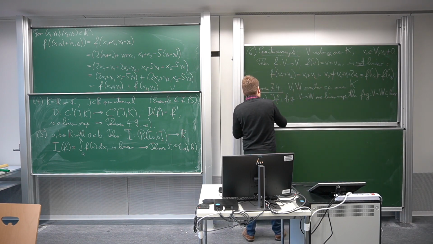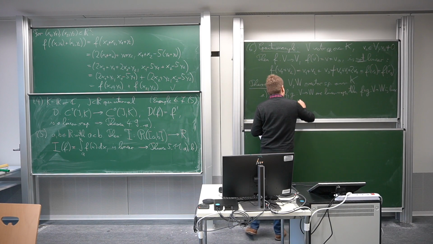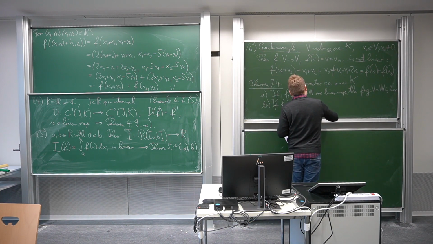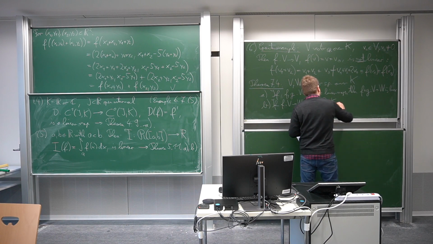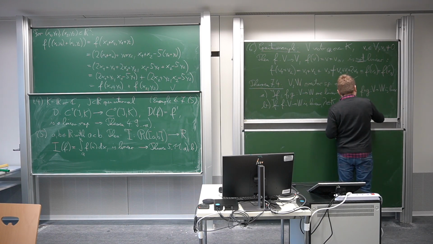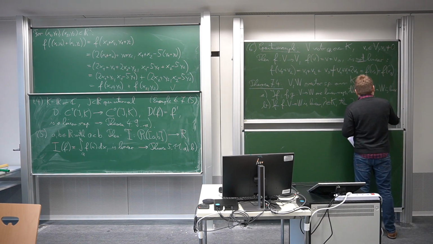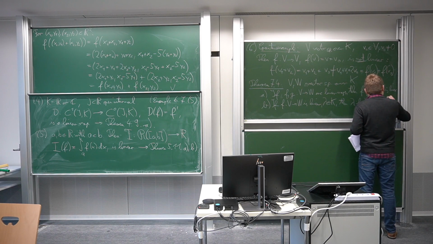Secondly, if F from V to W is linear, and we have a fixed constant lambda in K, then lambda F, the pointwise multiplication with lambda, as a map from V to W is linear.